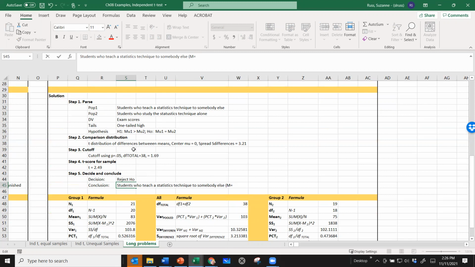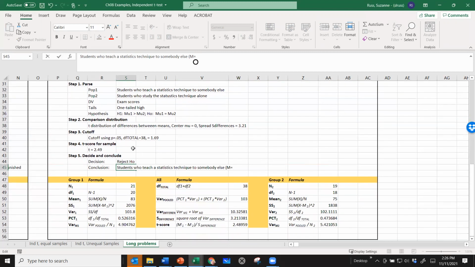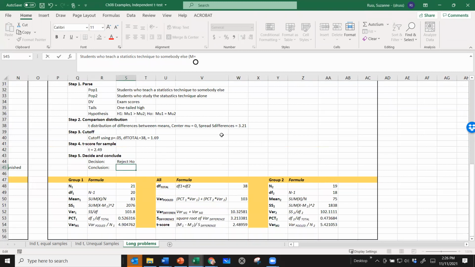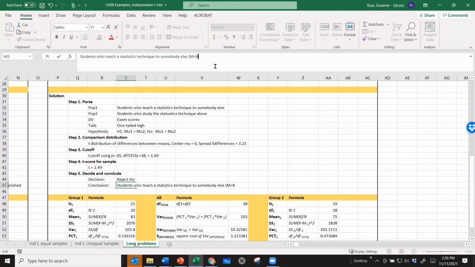We do this when we do an independent samples t-test, just to make sure our audience can see what the mean was. In this case, I'll just write mean equals 83. I'm going to actually put the decimal places in. That's just protocol. Earn higher. I'll even write the word significantly. That means that it's statistically significant.